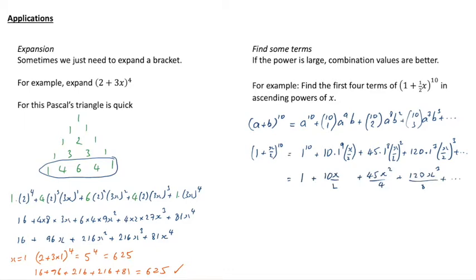Once we've done that, we can tidy everything up. So we have 1 plus 10 over 2, so that divided by 2 comes from the x over 2. In the next term, 45 over 4 comes from the 2 squared. And notice that all of those x over 2's have been bracketed because it's very easy to forget to square or cube those 2's on the bottom there if you don't put a bracket there.